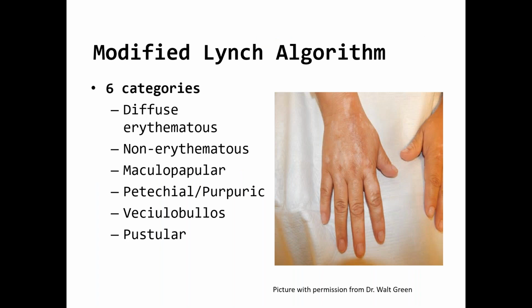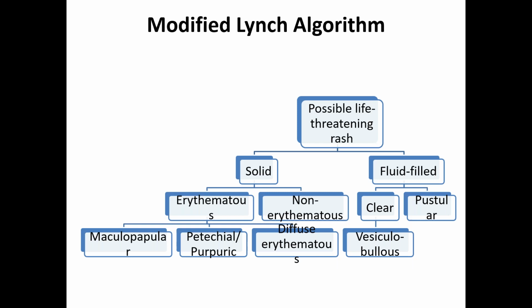There are 6 modified algorithms which can differentiate various diseases and help you come close to your diagnosis. The 6 morphologies are diffuse erythematous, non-erythematous, maculopapular, purpuric, vesiculobullous, and pustular. In this algorithm, you look for a possible life-threatening rash.